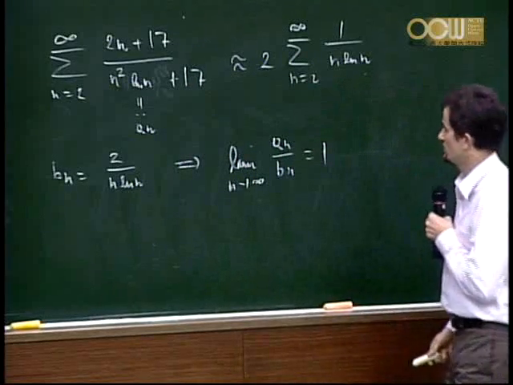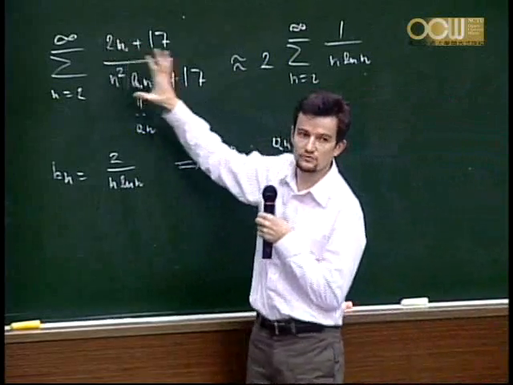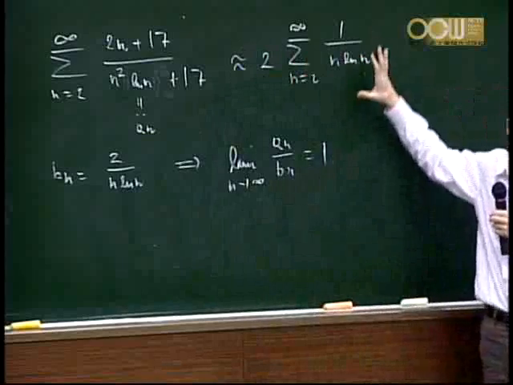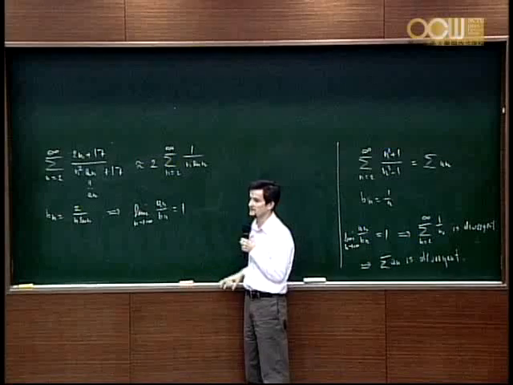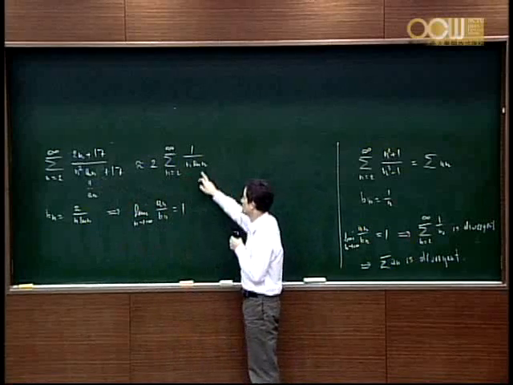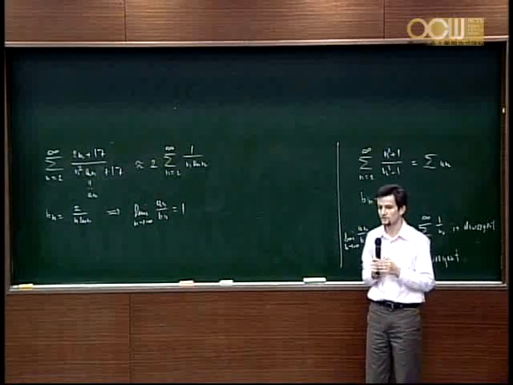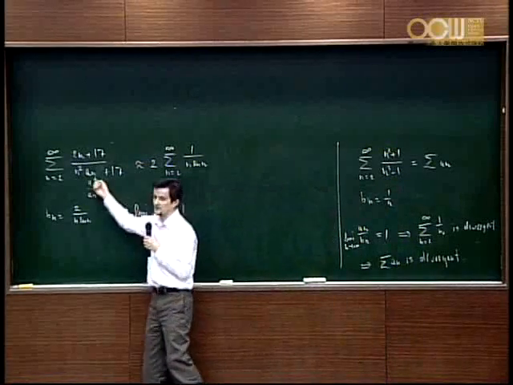Okay, so this means you can reduce this series to this one. You just have to understand the convergence behavior of this series, and you can immediately draw a conclusion about the convergence behavior of this one. But this series, we already discussed it previously, so this series is divergent. So this series is divergent as well.